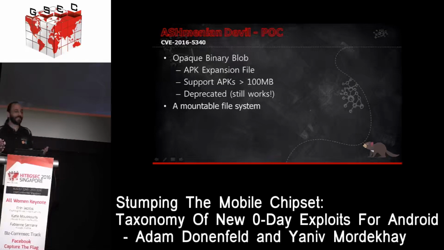But there were applications, mostly games, that required much more than 100 megabytes for all the textures and, I don't know, all the stuff they do there. So Google created a way to solve that problem that is called opaque binary blob. Actually, like the name itself, when I read opaque binary blob, I think about, oh, it must be some like Dread Pirate Roberts or something.